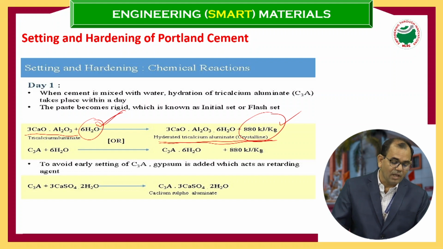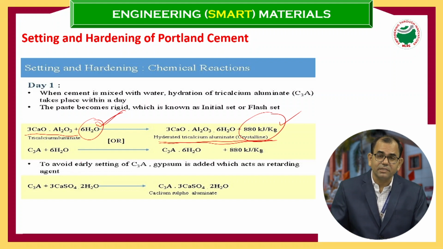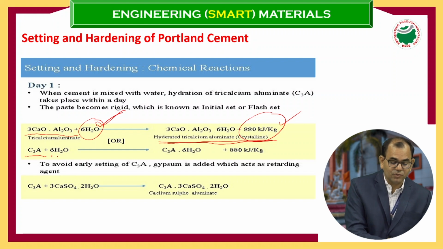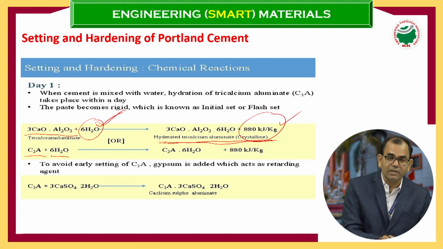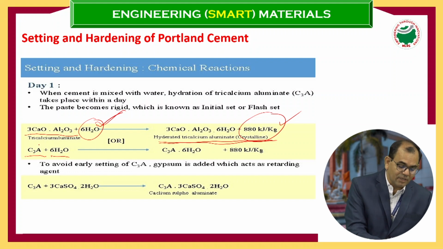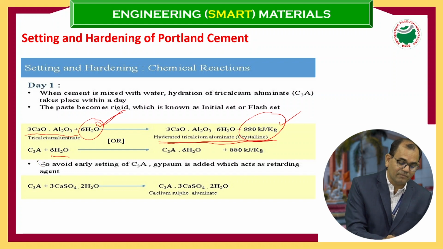Now there is another reaction, and this reaction can be denoted as C3A 6H2O. C3, as I said a while ago, stands for tricalcium, and A stands for aluminate. Okay, C3A short form.